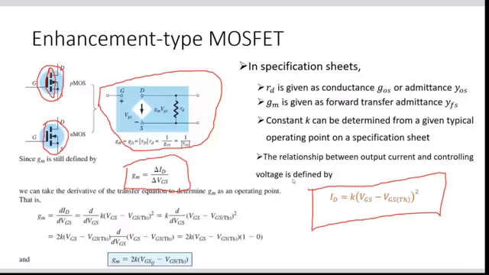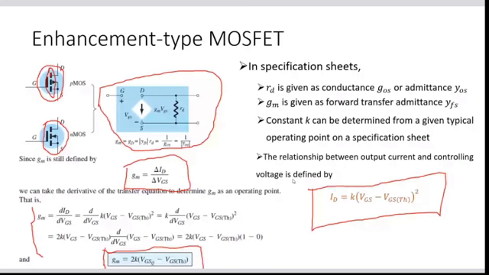Finally we get gm is equal to 2K into (VGSQ minus VGS threshold), where Q is the Q point. This is the final expression of our transconductance for the enhancement type MOSFET.